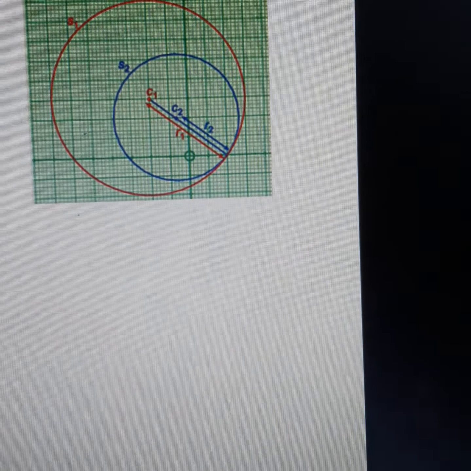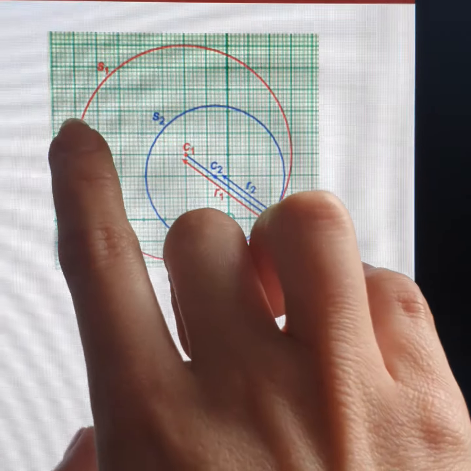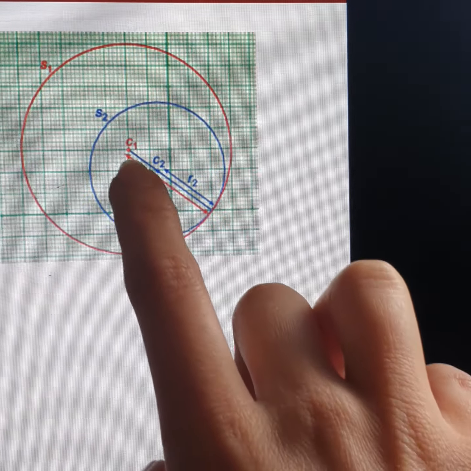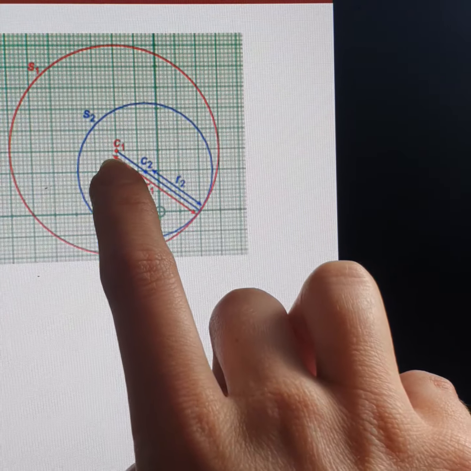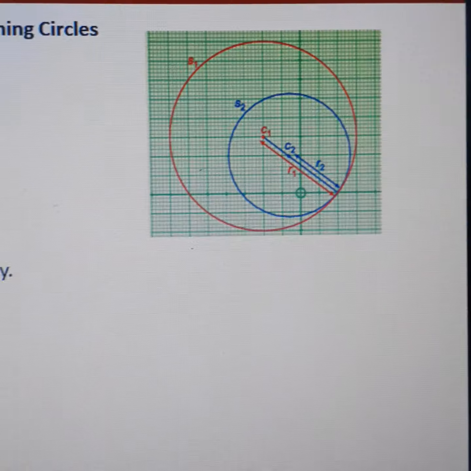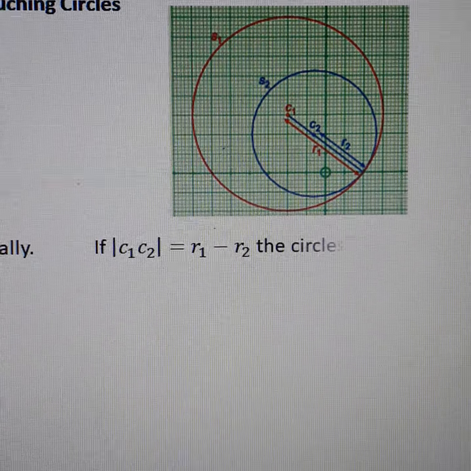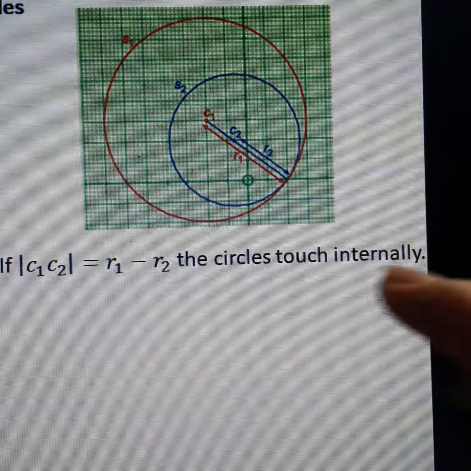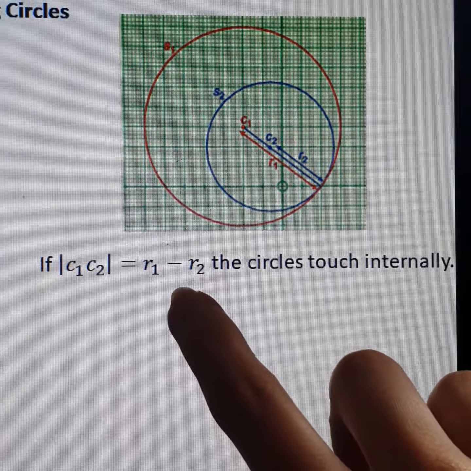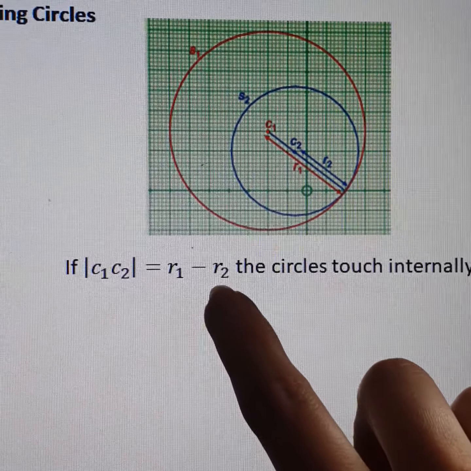However, if we have two circles, again we call this S1 and S2, and we can see where the radius of S1 is and the center of S1 is, and we can see the radius of S2 and the center of S2. If they touch internally, we can say that the distance between C1 and C2 would be the difference between the radii, so R1 minus R2.